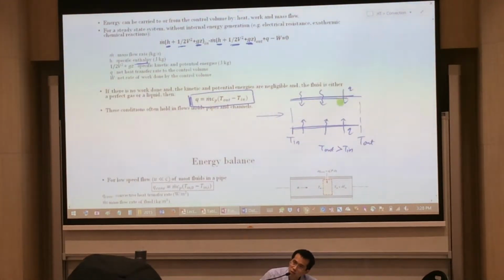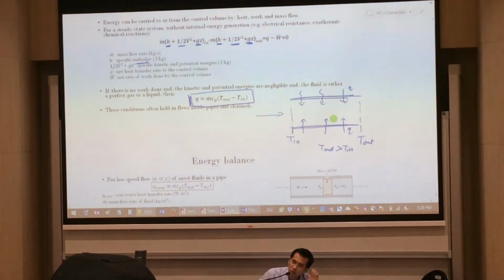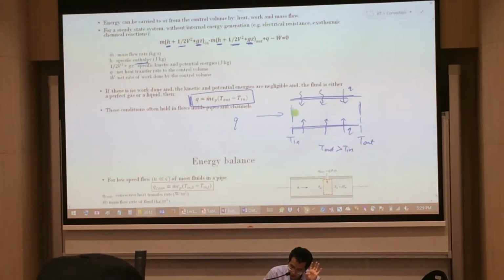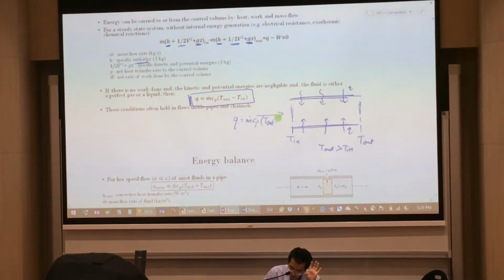So that heat transferring in via convection, that heat Q, has got to be equal to the heat that it gains after it passes through from the inlet point to the outlet point. So that heat Q that it gains as it passes through is equal to m dot Cp (T out minus T in). That's given by this equation over here.